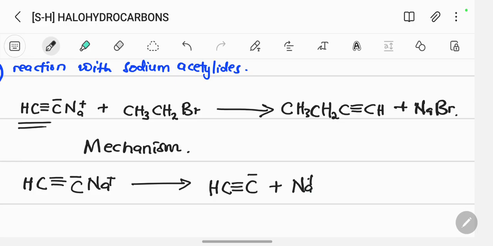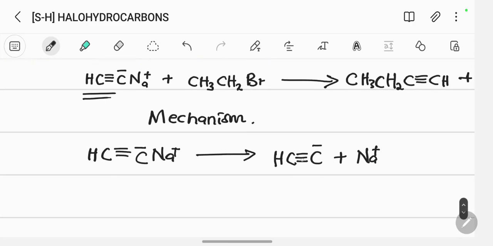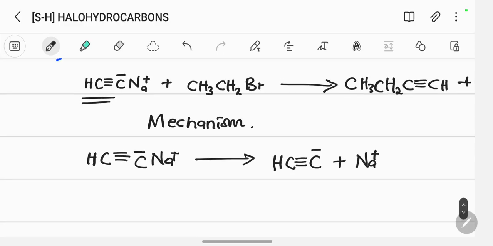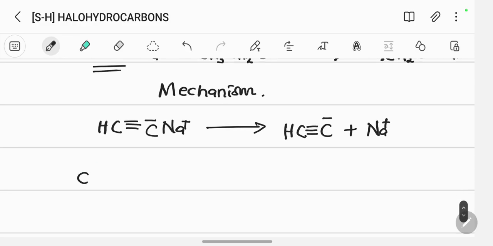So it's sodium there, then HC. After getting our acetylide, it's going to attack the halogen.